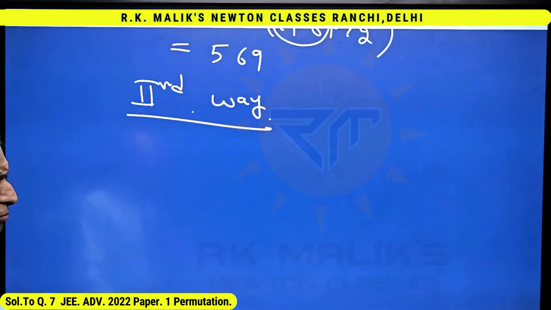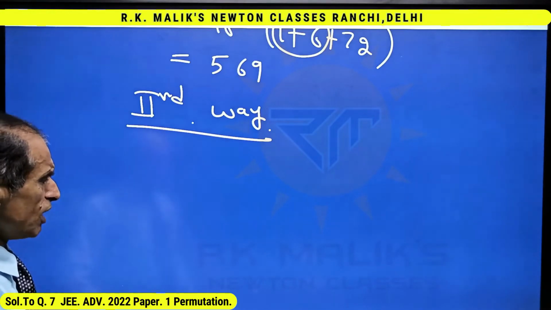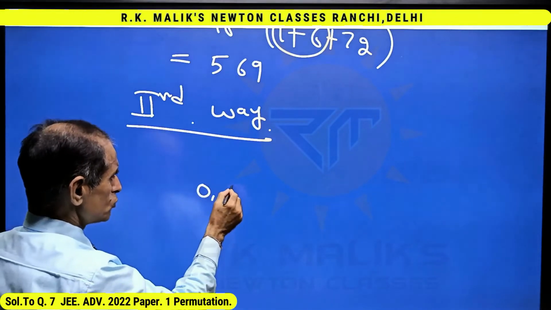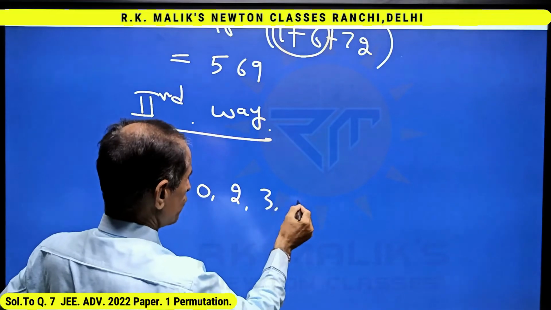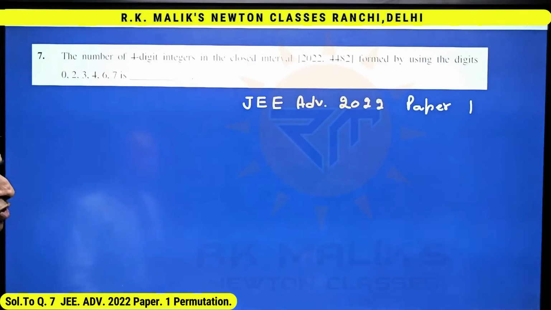Now I am going to do the question by the second way. Note that the digits to be used are 0, 2, 3, 4, 6 and 7. In this way you will be finding the numbers directly.